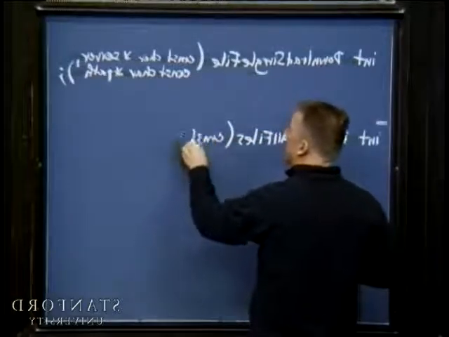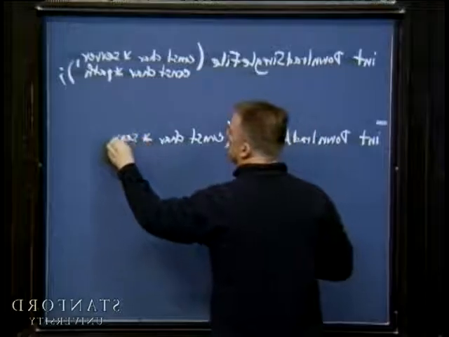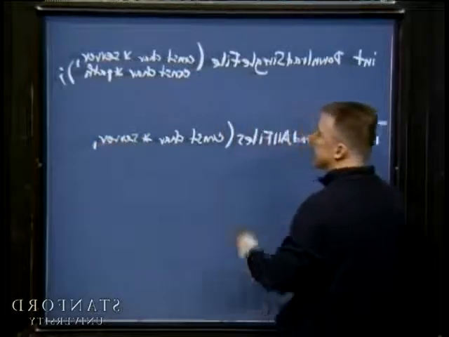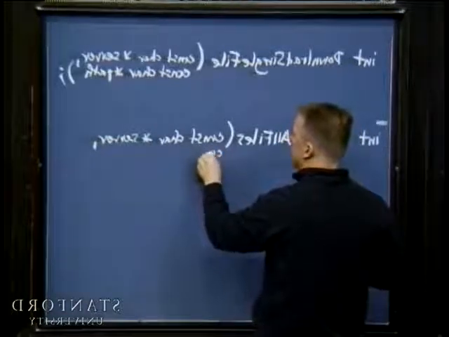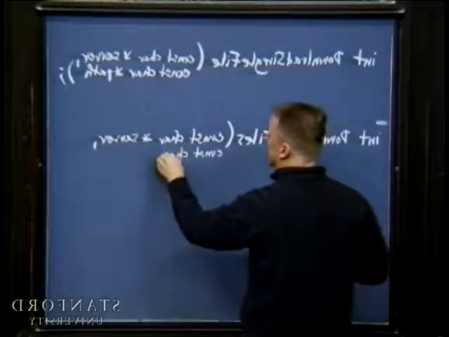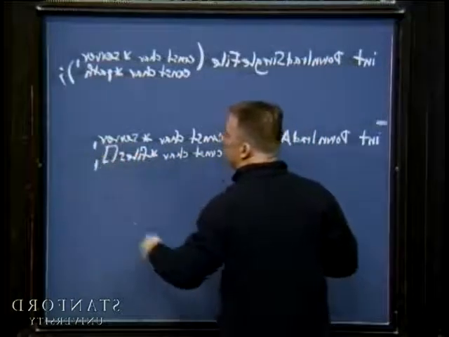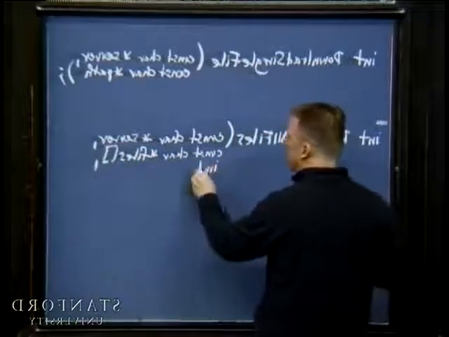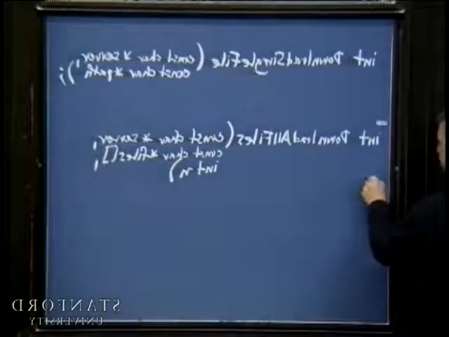I'm going to assume all the files are hosted on the same server. Okay, but I am going to give you char star files, an array of files in that server, and the number of files in that array.